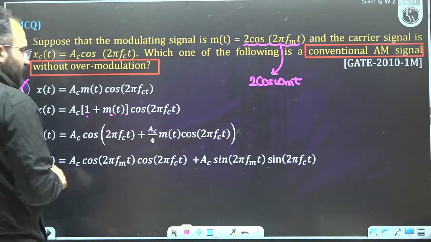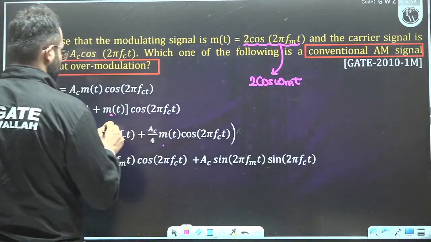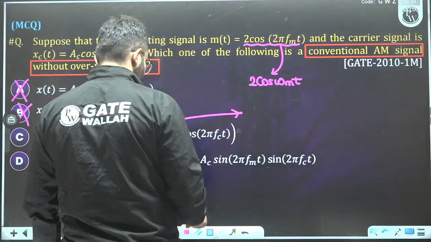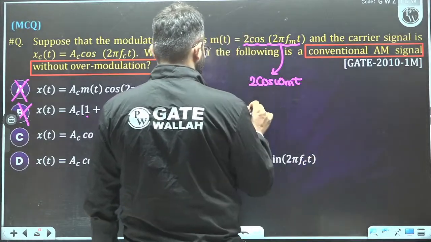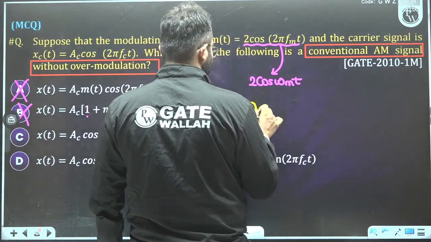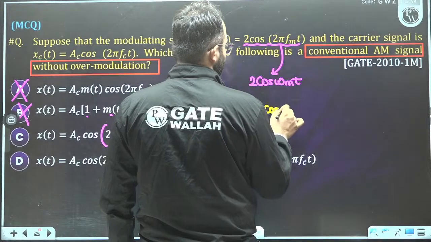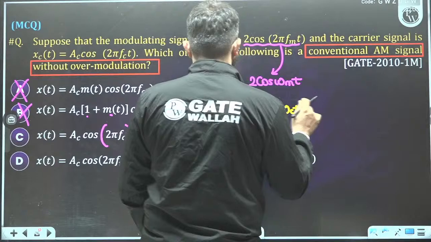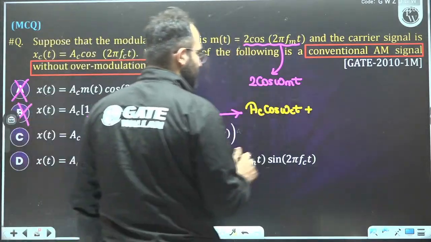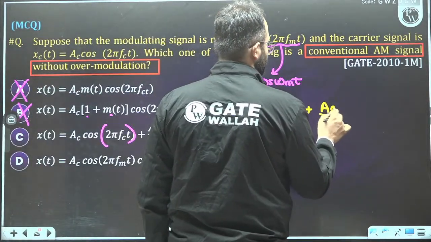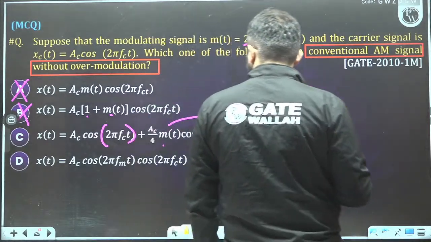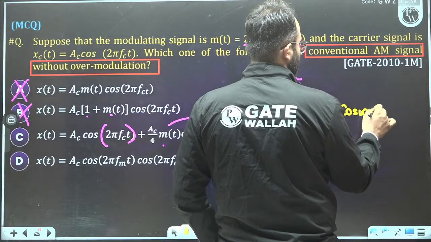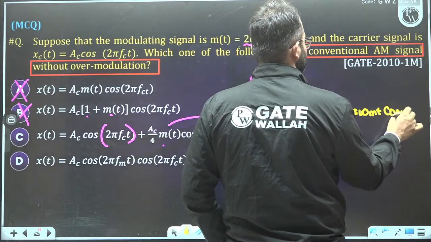Okay, if we look at this term, here we can see that this will become Ac cos of omega ct plus, we can simply put the message here, and this will become A by 2 cos omega mt cos omega ct.